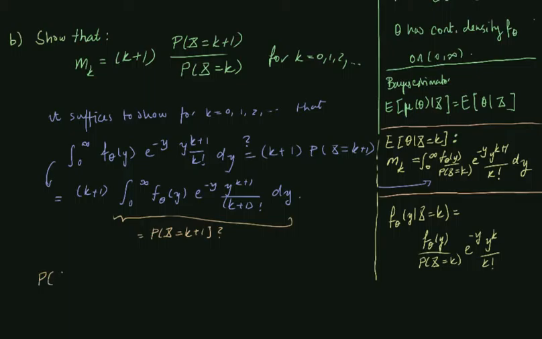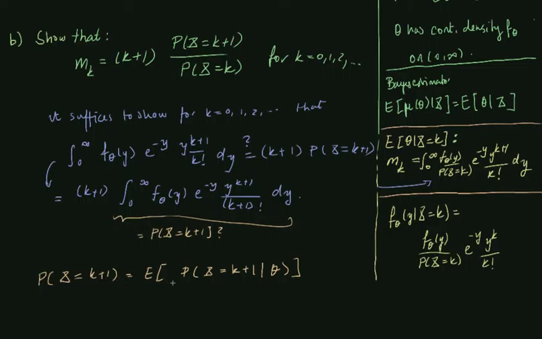The way we do that is look at the probability that x is equal to k plus 1. Let us note, using the double expectation property, that this is equal to the probability of x being equal to k plus 1 given theta, and then taking the expectation of that with respect to theta.